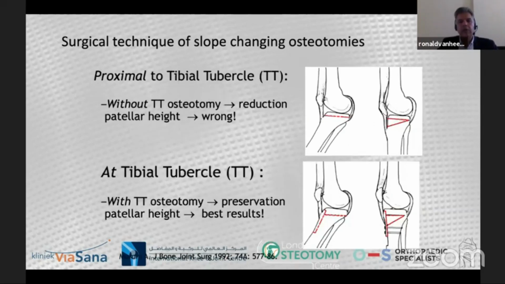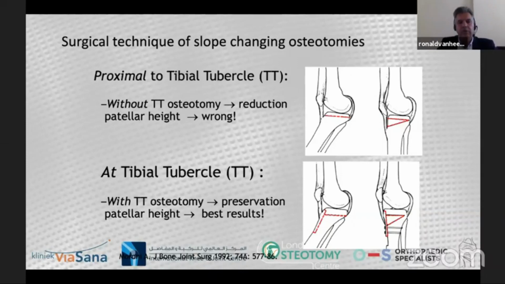If you do slope corrections proximal to the tibial tuberosity, what you see is that with an opening wedge, but also in a closing wedge, you will change the height of the patella. And there's a warning here, because there are all kinds of publications coming out right now, specifically in the field of the ligament surgery journals, where wedges are taken out proximal of the tuberosity.